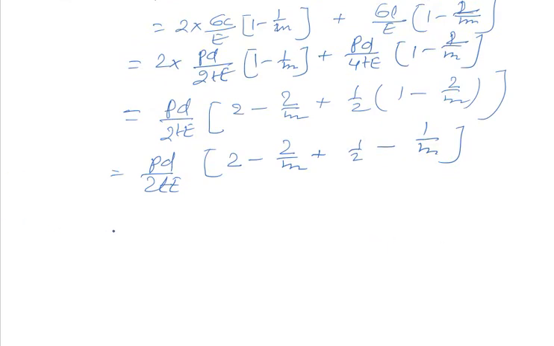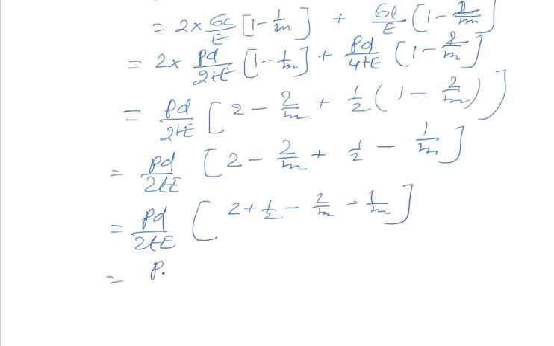Now PD by 2 TE into 2 plus 1 by 2, just rearrange the data, minus 2 by m minus 1 by m.